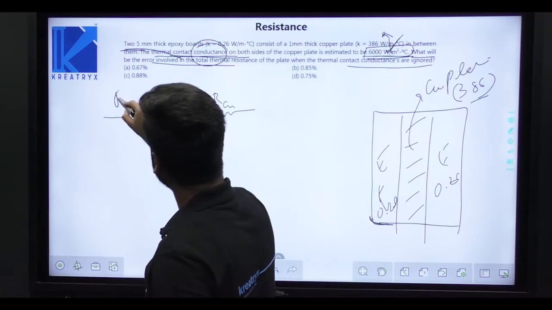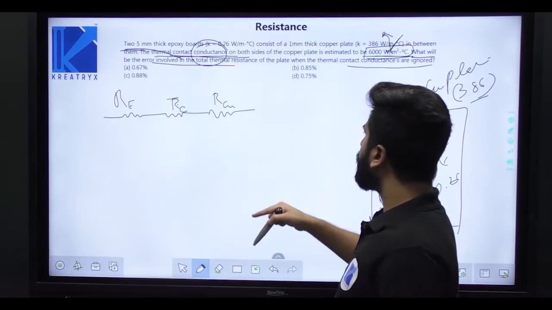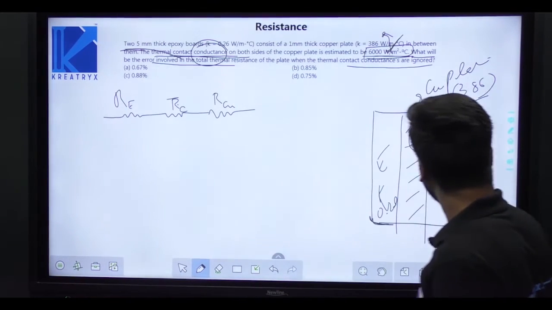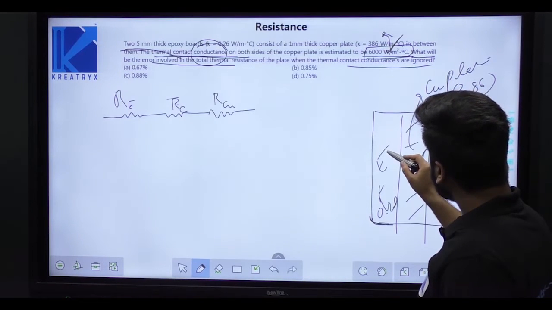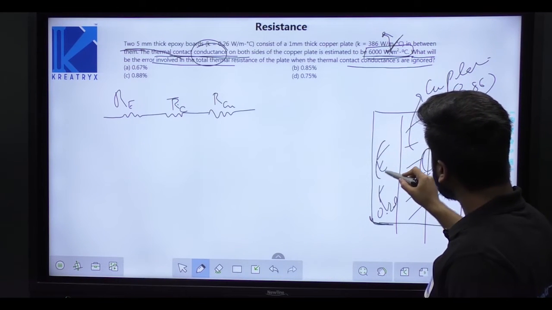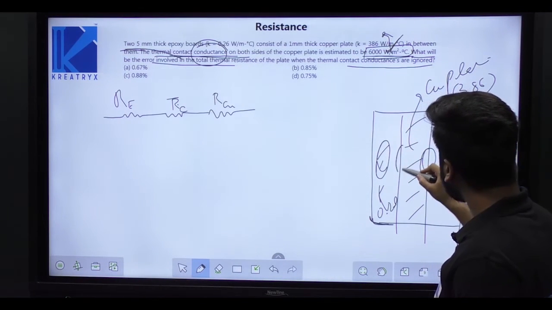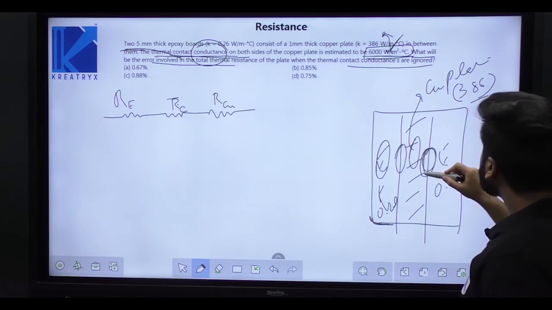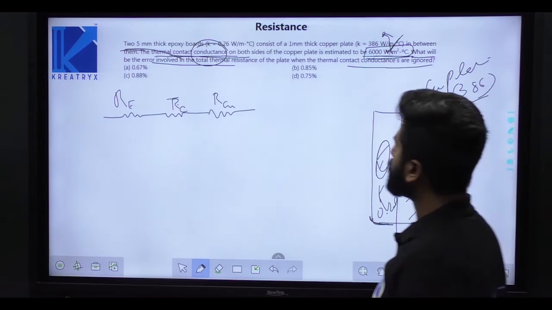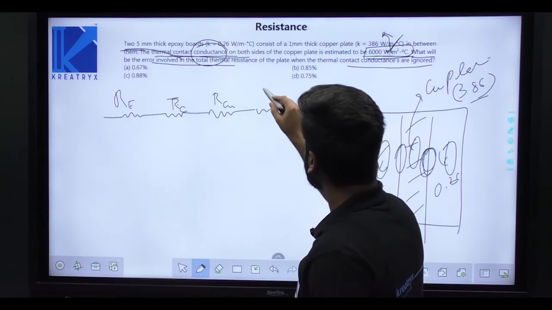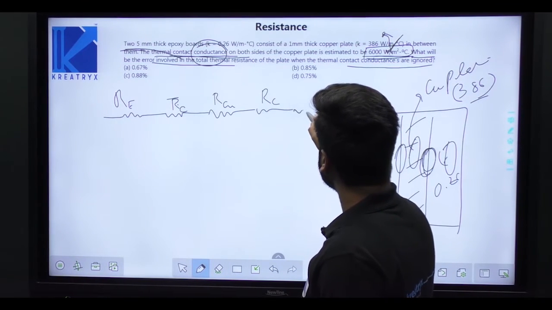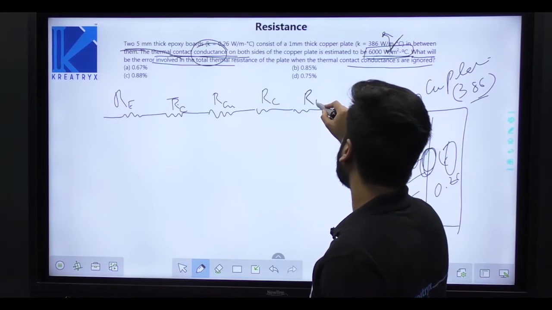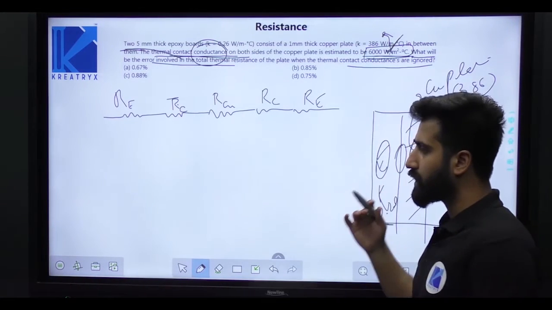Then again there will be this thermal contact resistance, and then the conductive resistance by epoxy again. This is RC and this is RE. Okay, let this be case 1.